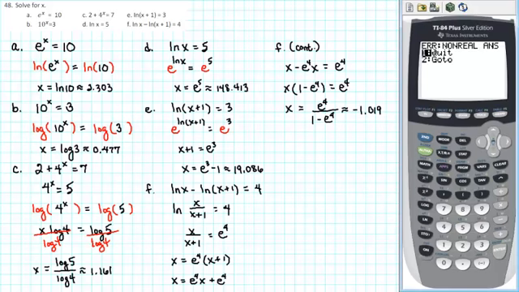In this case, we get an error message, non-real answer. Notice that we have the natural logarithm of x. Since x is a negative number, the natural logarithm of x is undefined. Therefore, our apparent solution of negative 1.019 is not a solution. This equation does not have any solutions to it.